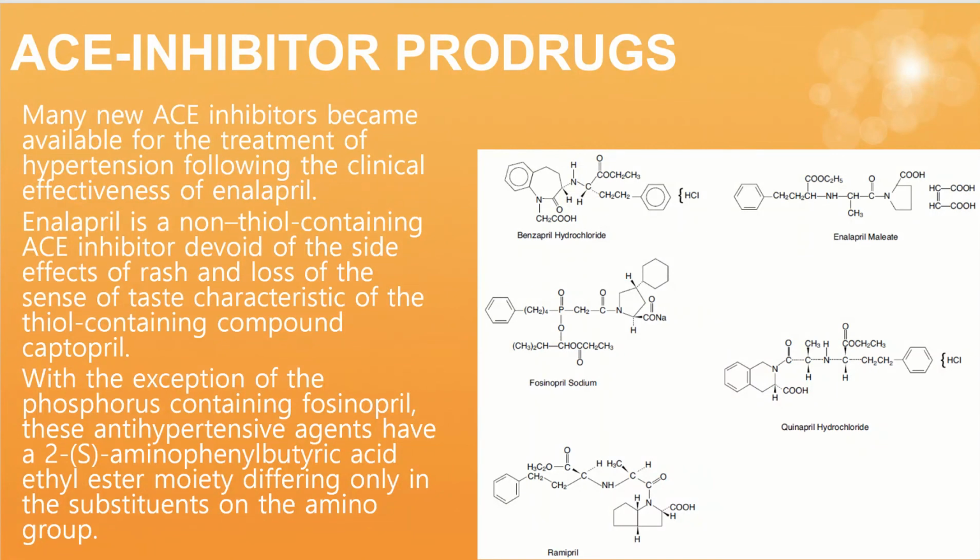And at this point in your medicinal chemistry journey, I'm sure you know the definition of a prodrug. Enalapril is a non-thiol containing ACE inhibitor devoid of the side effects of rash and loss of the sense of taste characteristic of the thiol containing compound Captopril.